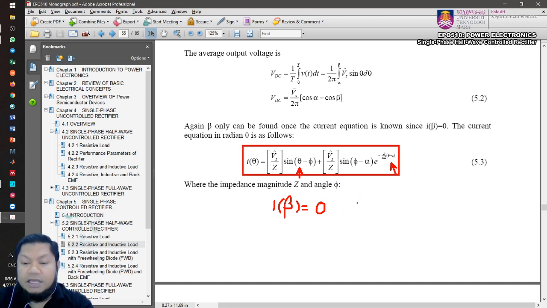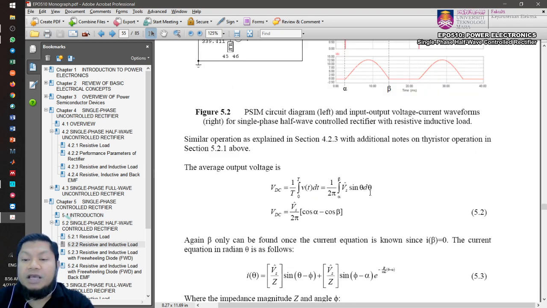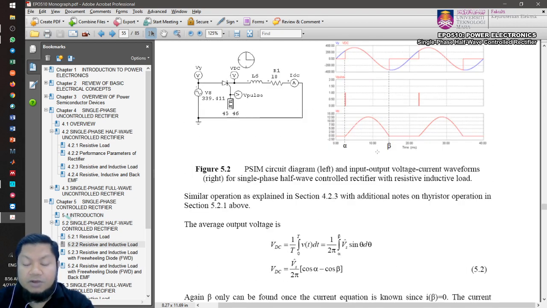And again, remember we have this initial condition in your calculator, isn't it? So you must set your initial condition, and if you look at the circuit here, your initial condition should be more than 180 degrees, which is more than pi, because your beta here is closer to the pi value, isn't it?